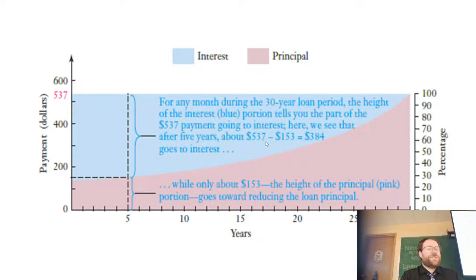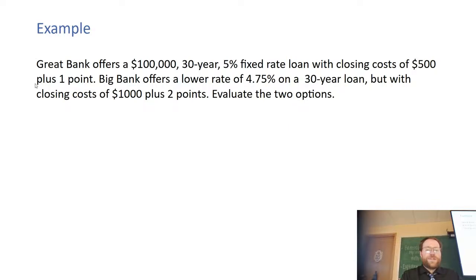So in that case, 537 minus 153 gives you an interest portion of about $384 at the start. But any questions on how to read the chart like that? Okay, next example.